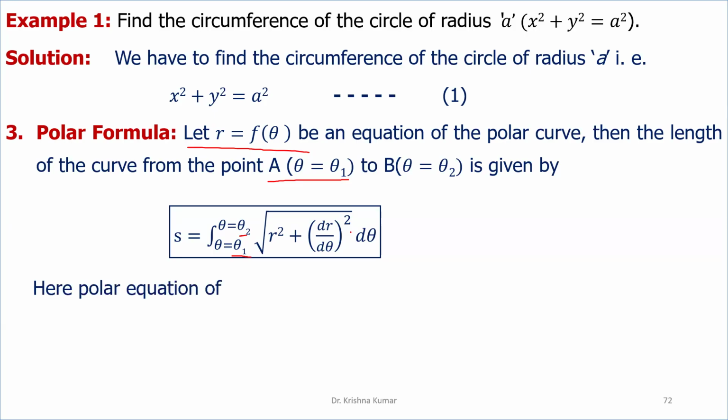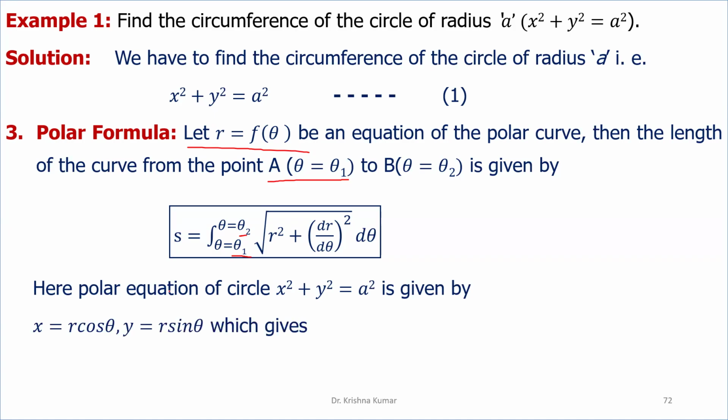Now the polar equation of the circle x square plus y square equal to a square is given by the following. If you want to convert any Cartesian equation to a polar equation, we substitute x equal to r cos theta and y equal to r sin theta.